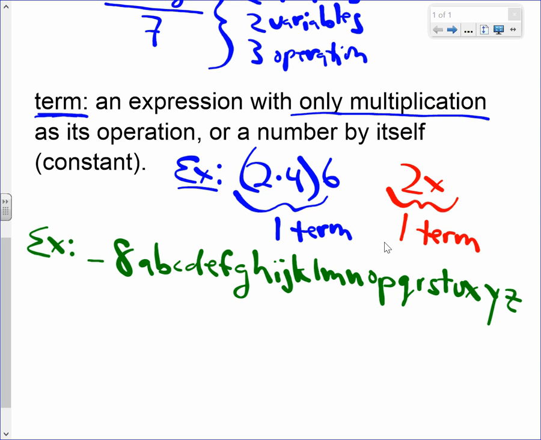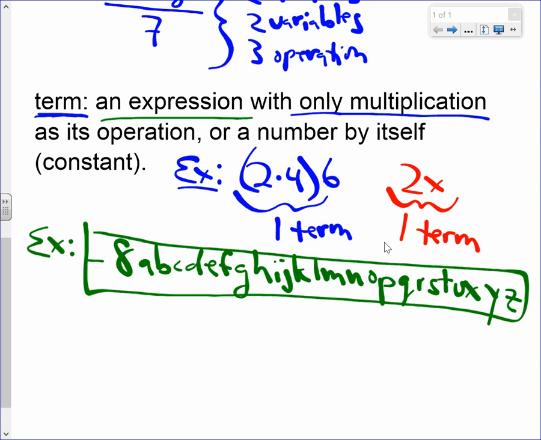A lot. No, it's one term. Why? Only multiplication. Be more specific. Operation. Only multiplication going on. That's one term, believe it or not. A lot of variables, no doubt, but that's only one term. Because it's an expression, a collection of numbers, variables, and operations, with only multiplication as its operation. So this is all one term, believe it or not. So I'm trying to drive home the concept of a term. It's only multiplication.